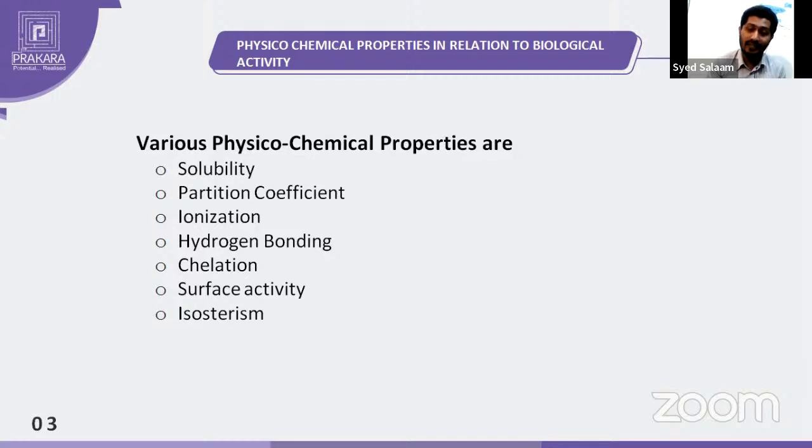Next, surface activity is also needed for certain drugs to show good action. Then isosterism, which is having the same number of electrons. If you take different molecules having the same number of electrons, those molecules might elicit a similar pharmacological response, and they are called isosters. Isomers have the same molecular formula but different structures.